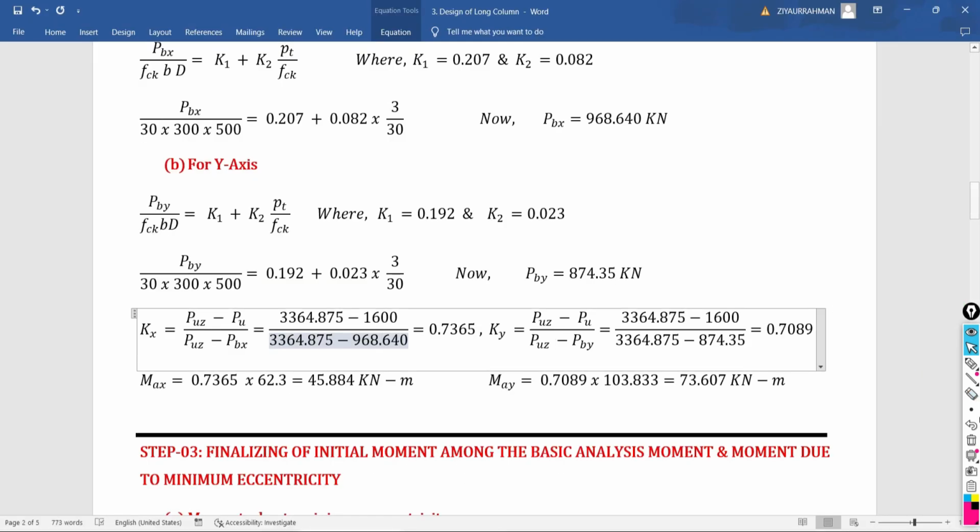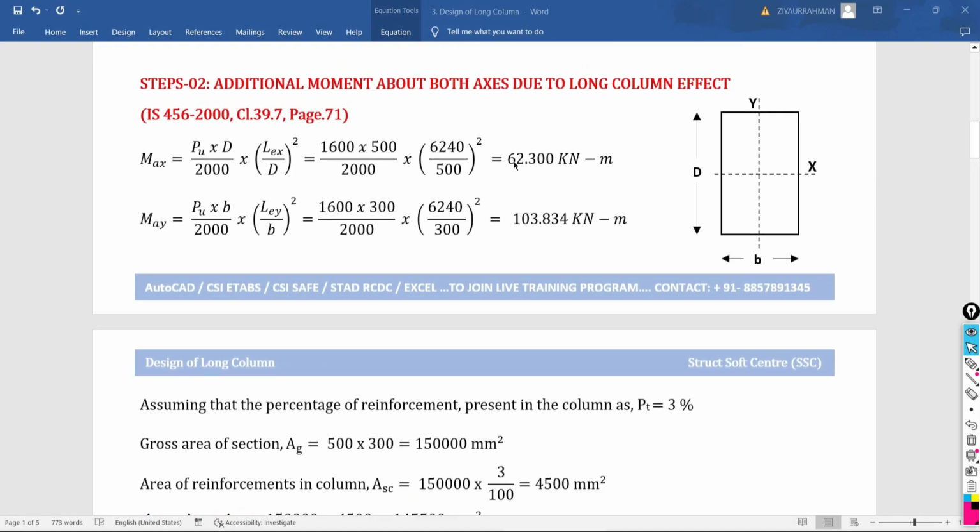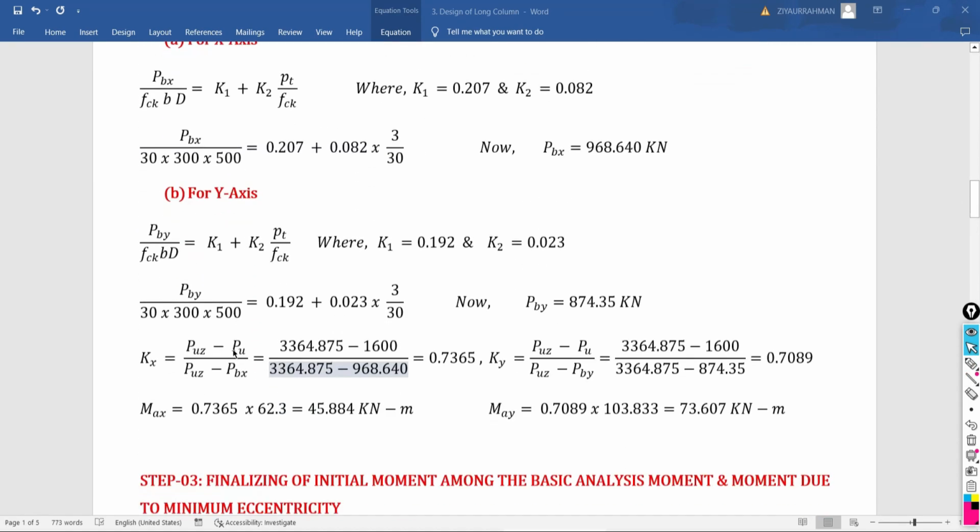By the calculation, we are getting both of the values less than 1, which means our calculation is correct. Now you have to multiply this Kx value with the additional moment. The additional moment we have calculated about x-axis is 62.3. We multiply this 62.3 with the moment reduction factor about the x-axis.